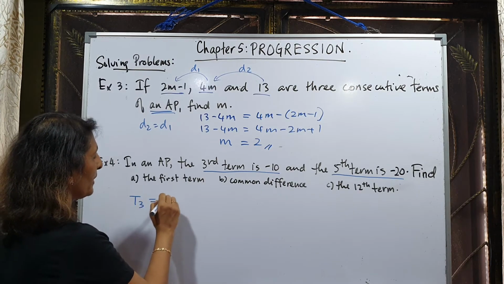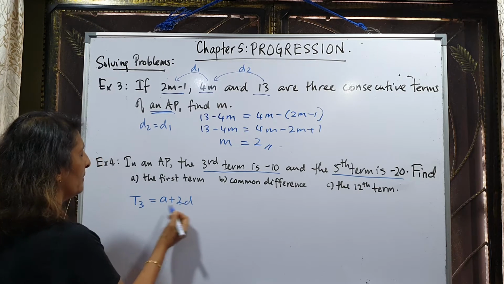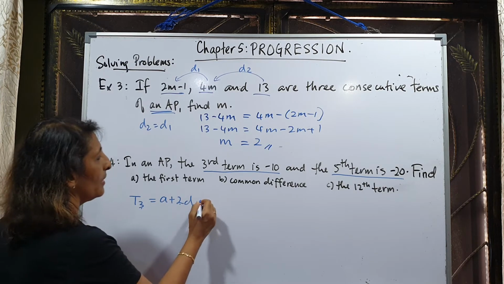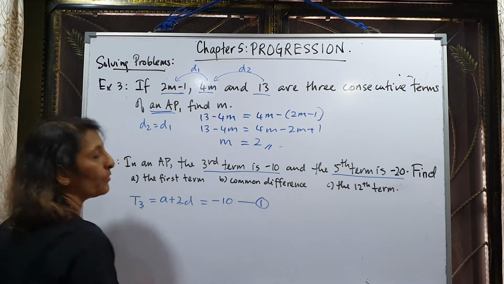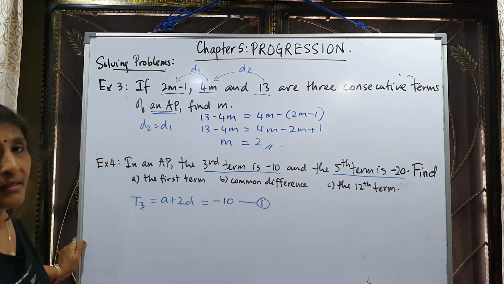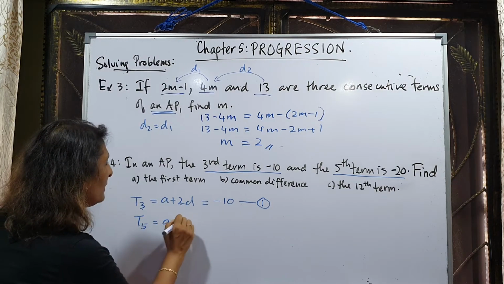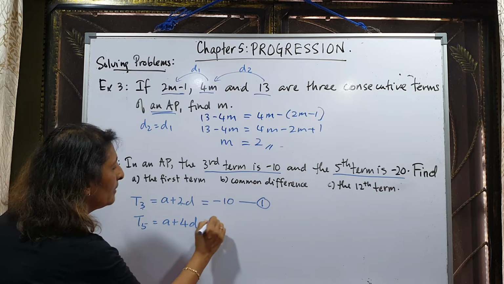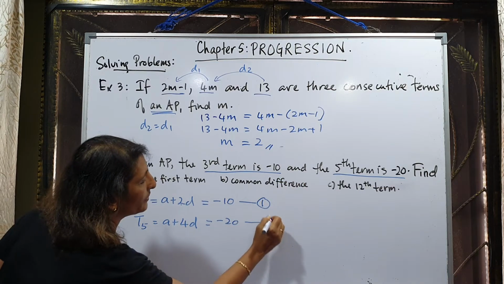T3 is equal to a plus 2d, 2 because it's n minus 1, so it's 3 minus 1, 2. And this is equal to minus 10. You can take this as equation number 1. Then we have the other set of information, T5, which is a plus 4d equals to minus 20. This becomes equation number 2.